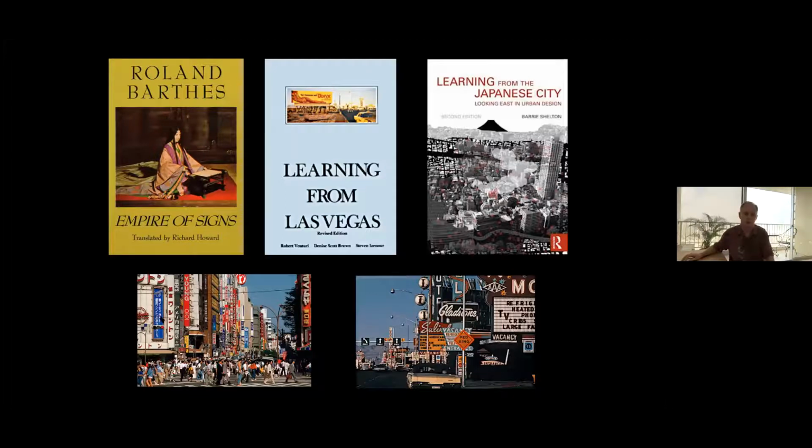I should have brought some, well, I did bring some. This is contemporary, I'm guessing Ginza. And you can see, it's hard to see any buildings, the signs dominate. And of course, Robert Venturi and Denise Scott-Brown and Steve Izenour, in their study of Las Vegas, make the same point, that the strip at Las Vegas is all about the sign, and the buildings are these simple boxes that are in the back of the lot.